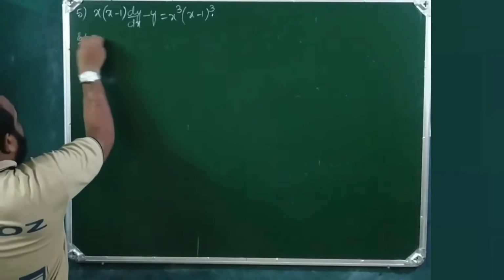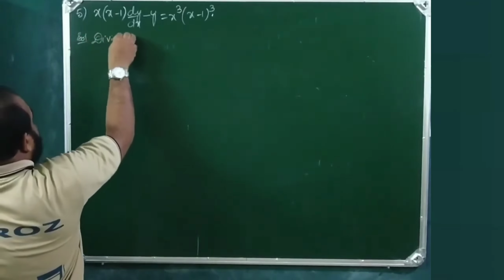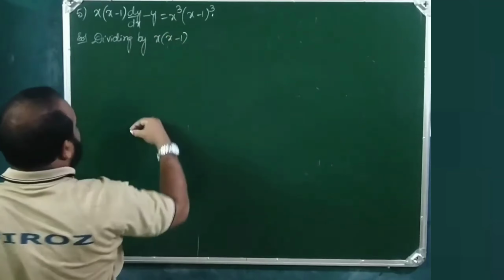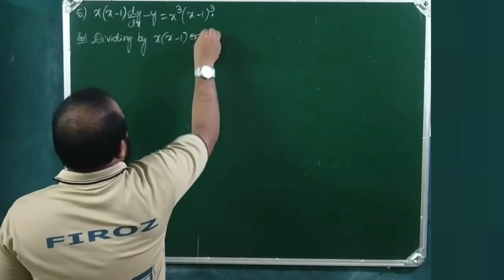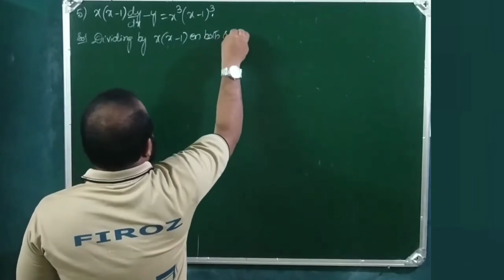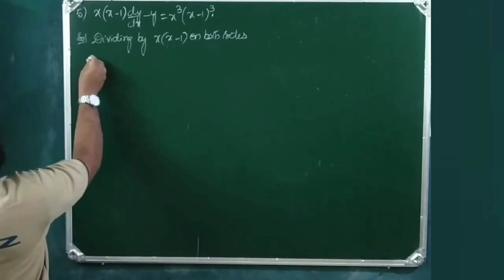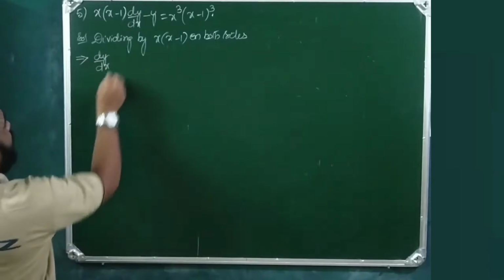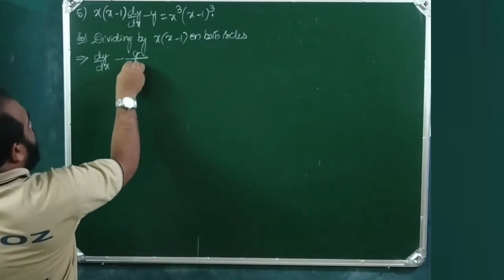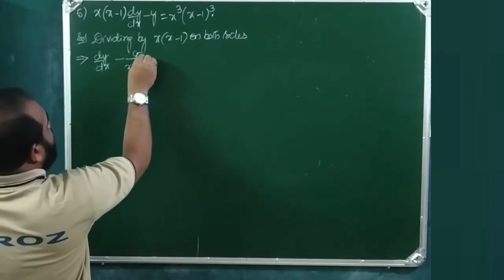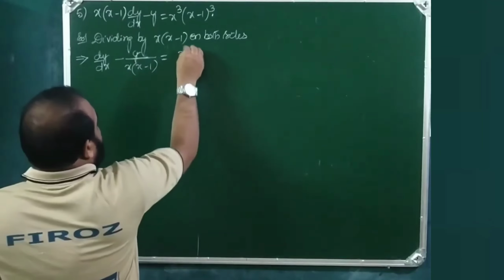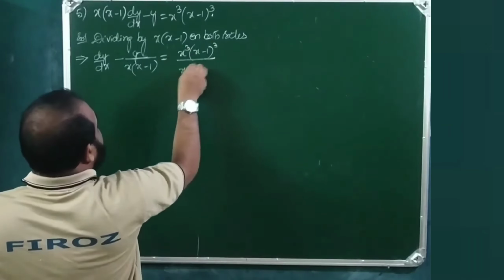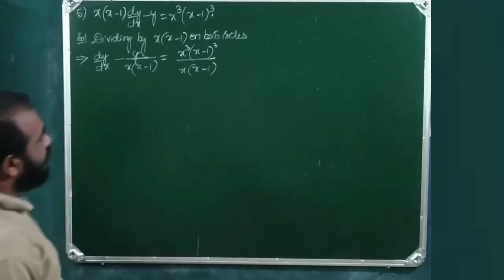So dividing by x into x minus 1 on both sides, dy by dx minus y into x minus 1 is equal to x cube into x minus 1 whole cube by x into x minus 1.